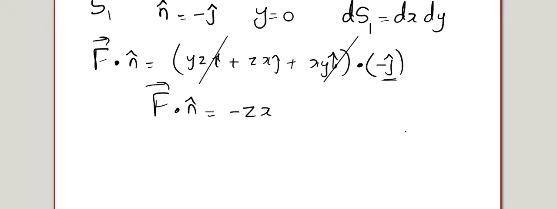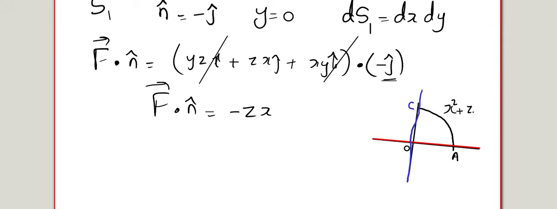Now look at this. This is the region O, A on the x-axis, and this is our blue axis, so this is our C. So you can see that here y will be absent. So this circle is actually given by x square plus y square equal to 1.